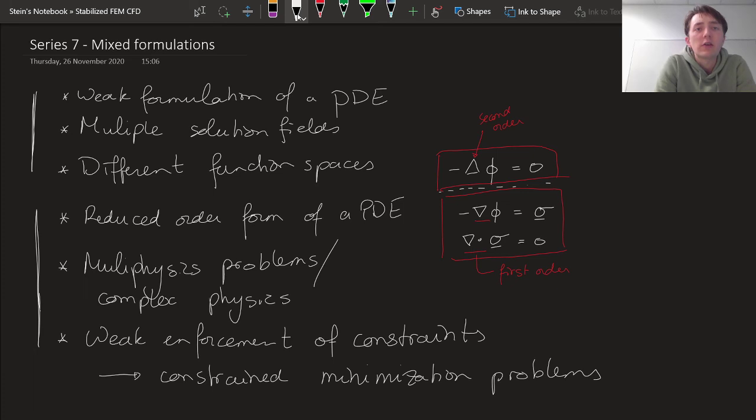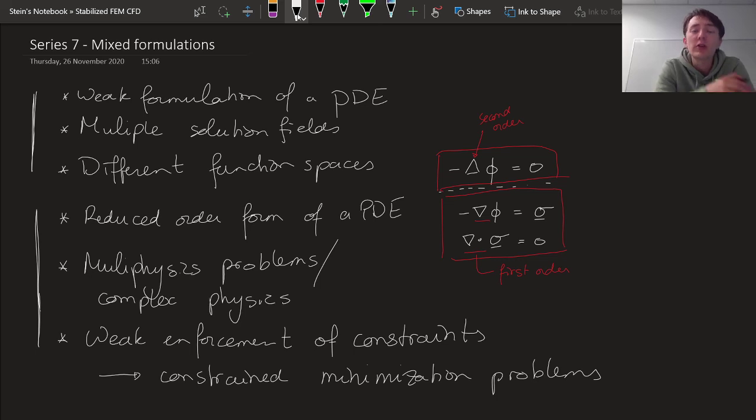So in these cases, I don't know to what extent you're familiar with your partial differential equation theory, but you would obtain Lagrange multipliers. And maybe if you've taken a contact mechanics course, then they also talk about Lagrange multipliers. So Lagrange multipliers are additional variables that somehow come into play when we try to enforce a certain constraint on our space, on our functions, on our solution, our finite element solution, or in a more general case, just the true solution to a partial differential equation.